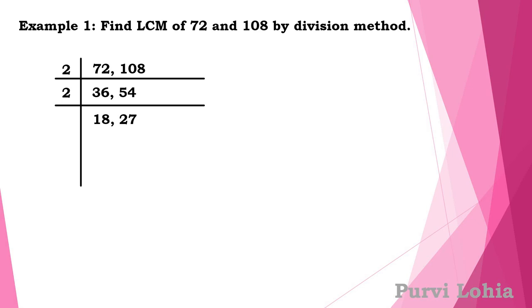Now tell me, which is the smallest prime number by which both of them is divisible? You are absolutely correct. It is 3. Okay. So we will divide both the numbers by 3 and we'll get 6 and 9. Again both the numbers are divisible by 3. So we'll get 2 and 3.